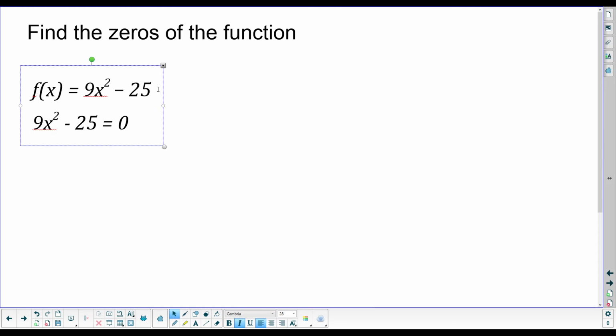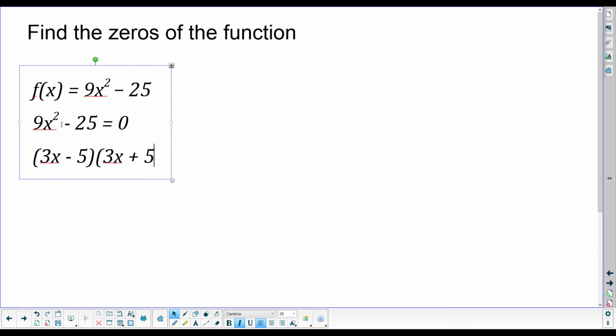So is that equal to 0? Well, I can see this is a difference of squares. And so I can see that this factors out to be 3x minus 5 and 3x plus 5. And when I multiply those together, I get 0.